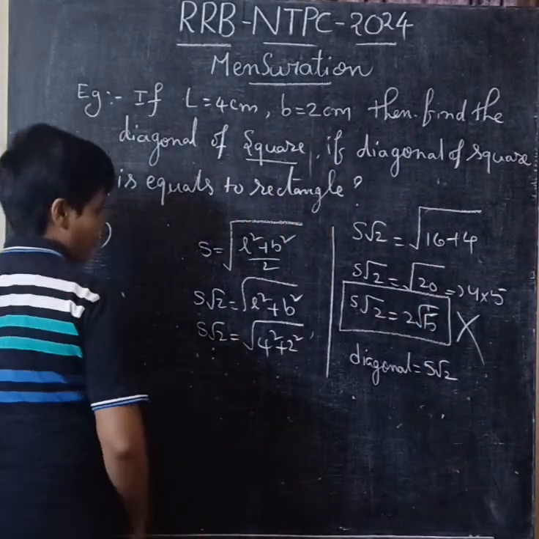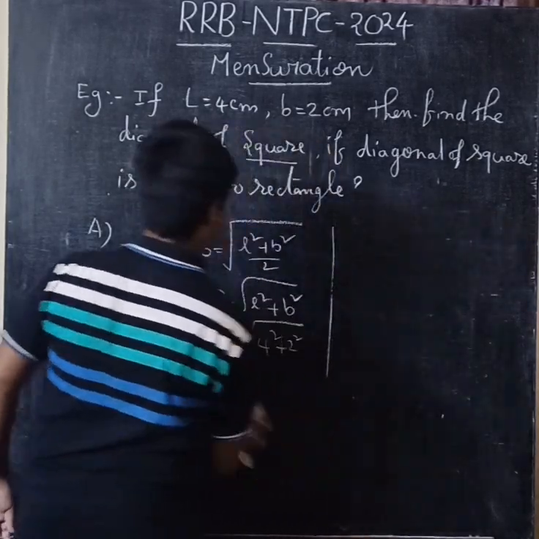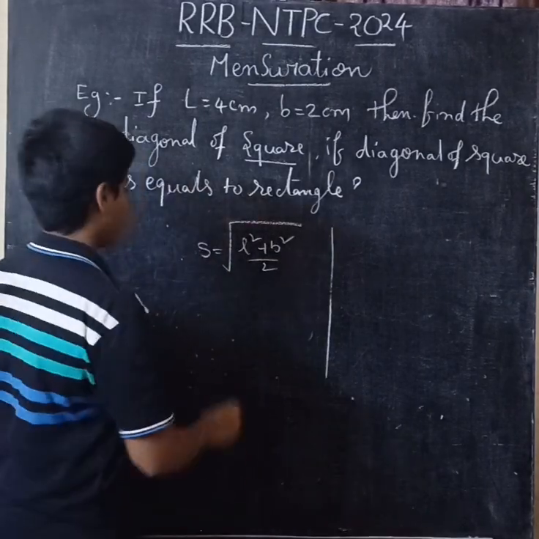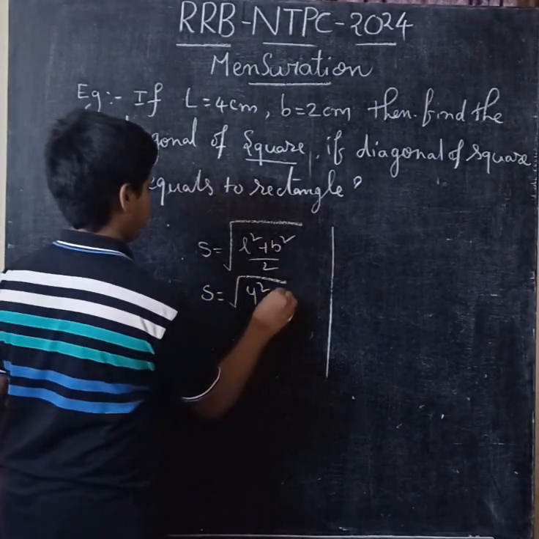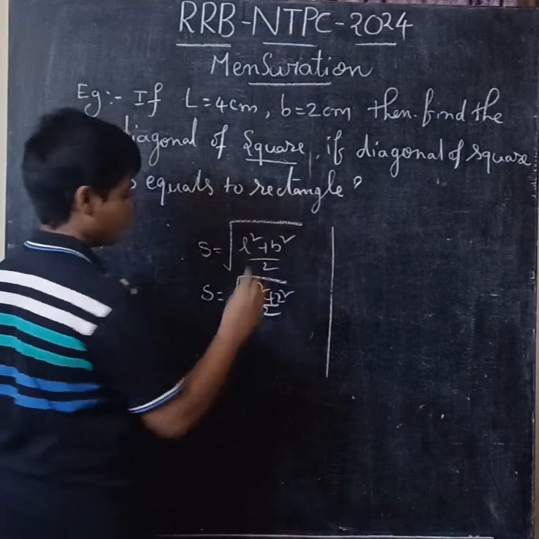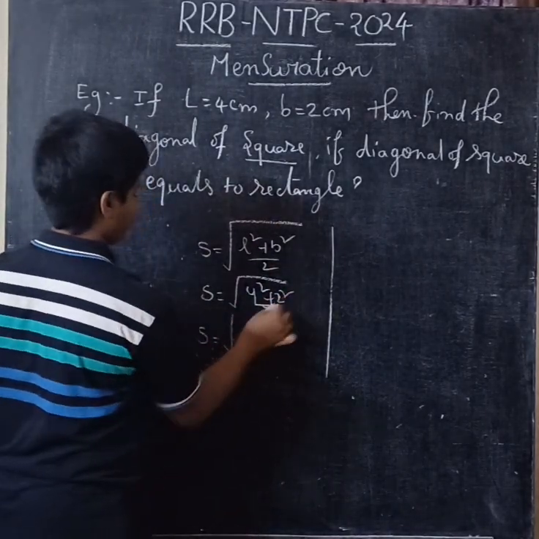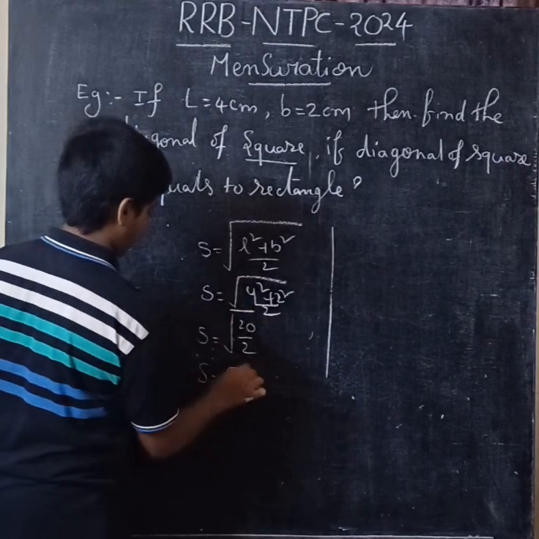If you see another process, by the formula of this only. So S is equal to root over 4 square plus 2 square by 2. So S is equal to root over 20 by 2. S is equal to root 10.